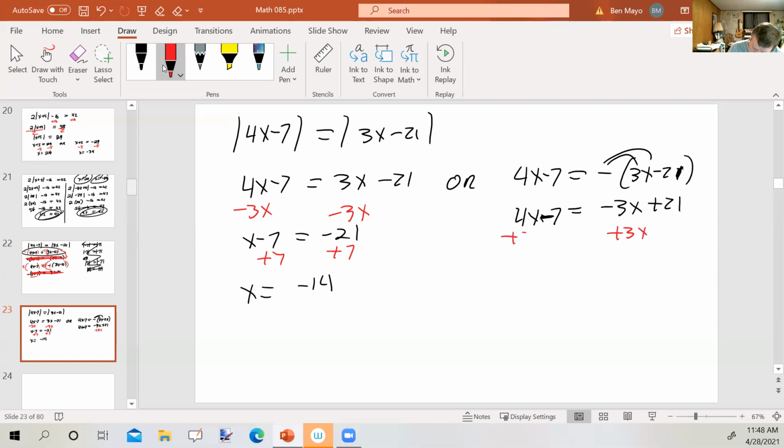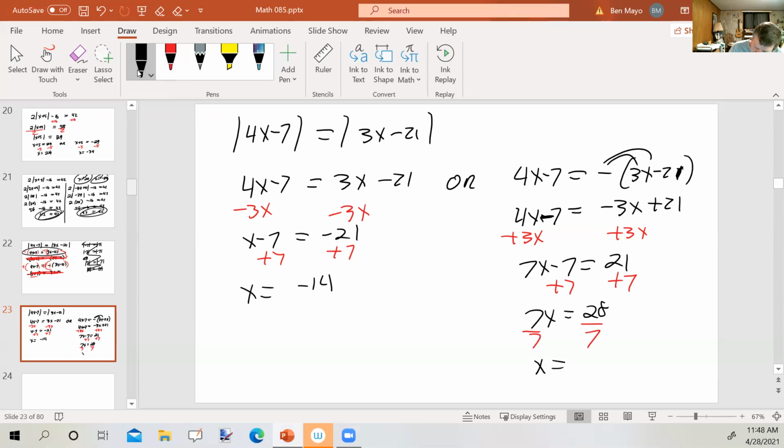Adding 3x to both sides, I get 7x minus 7 equals 21. Add 7 to both sides, 7x equals 28. Divide both sides by 7, x equals 4.